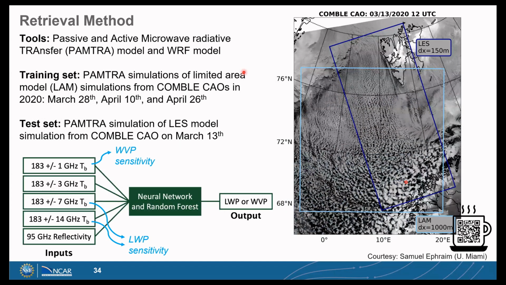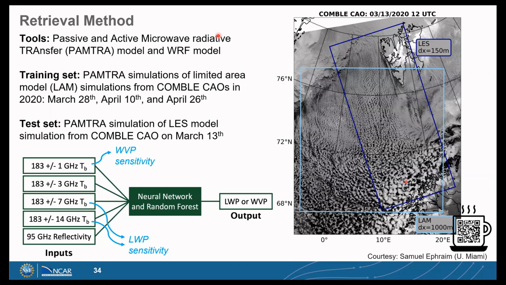Okay, I'm going to fly through some of this, but essentially what we did was Sam used the model outputs that I've run. So I showed you some examples of the model simulations that we've run. He essentially took those model outputs and ran them through a forward simulator called PAMTRA, Passive and Active Microwave Radiative Transfer. And so he essentially forward simulated the GVR and the WCR from the model outputs.